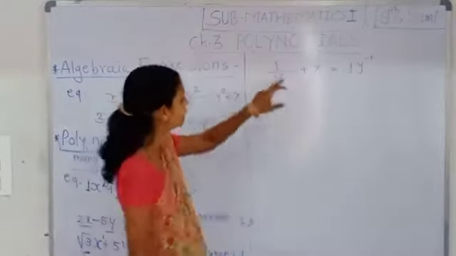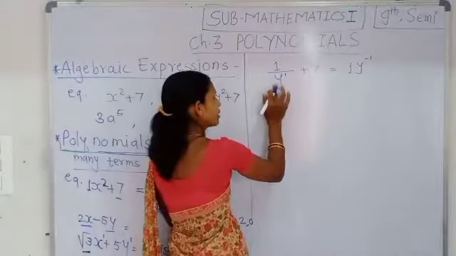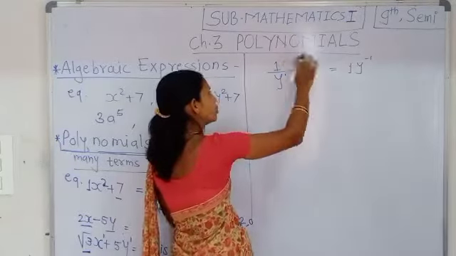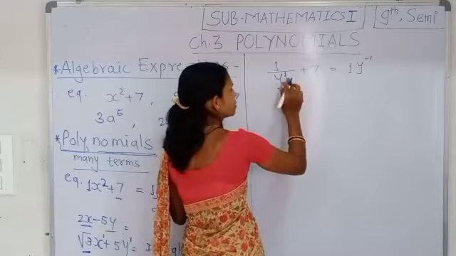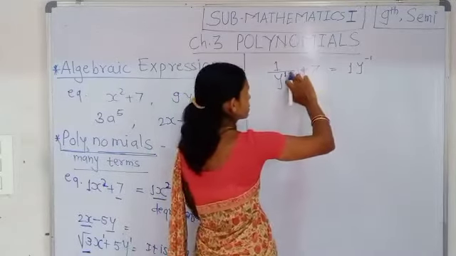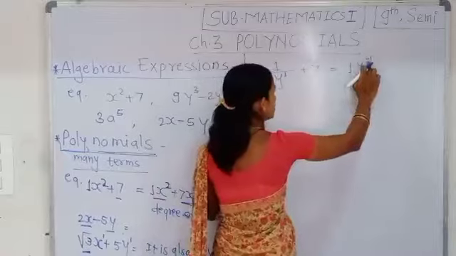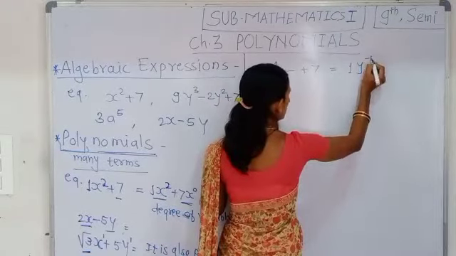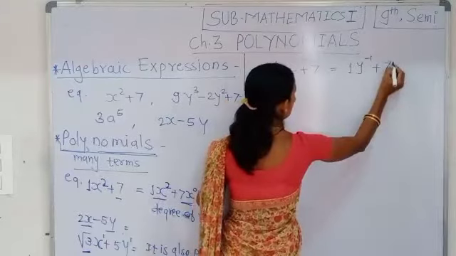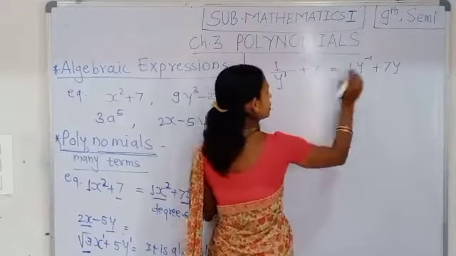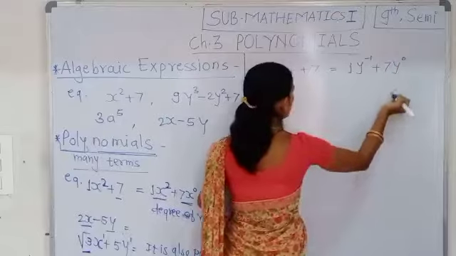Using the rules of indices, when y is taken to the numerator, the sign of the index changes to the opposite. Therefore it is 1y raised to minus 1 plus 7. Here the variable is not there in the second term, therefore 7y raised to 0.